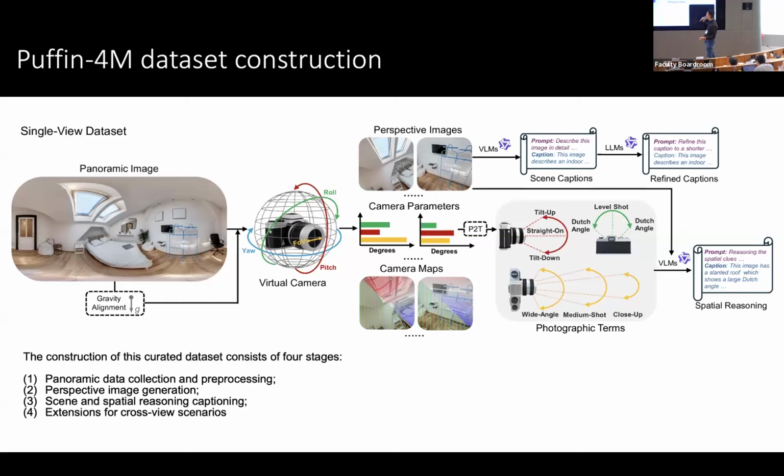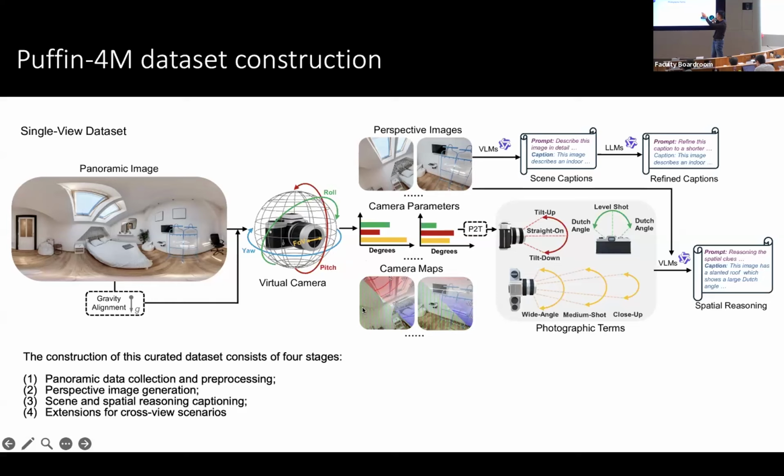Then with the perspective image, we can generate the scene's caption using a VLM, further polished by a larger LLM to get a refined caption. And with the camera parameters that we can define, we use the photographic terms to explain these camera parameters in different terms like this.